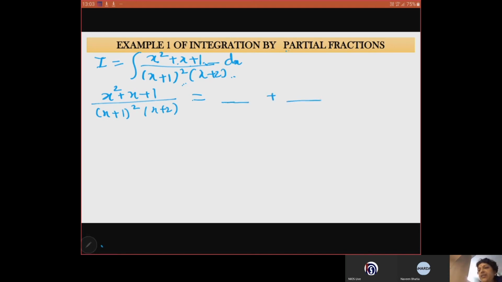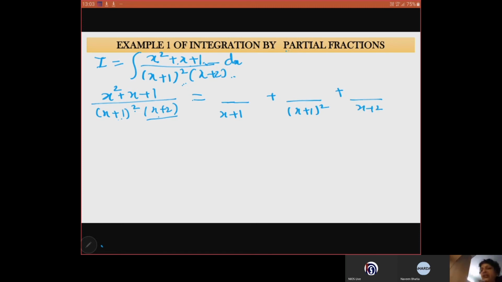The denominators would be the factors of the denominator here. So what are the factors of x plus 1 whole square? One of them is x plus 1. The other factor is x plus 1 whole square. And now we are left with x plus 2.